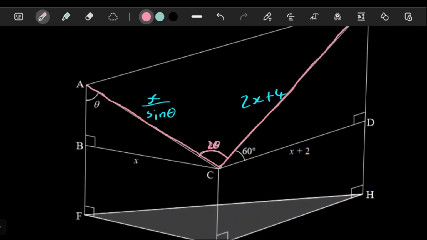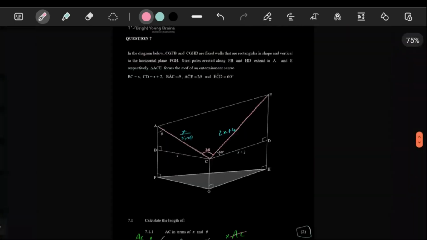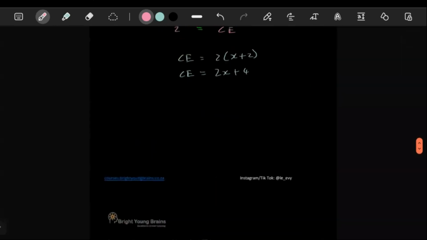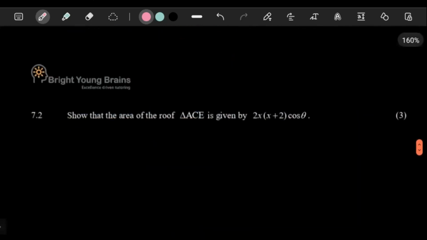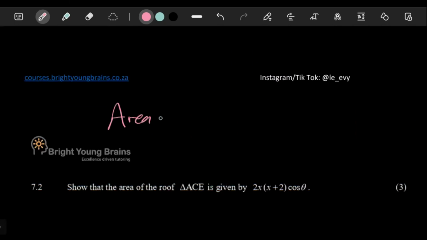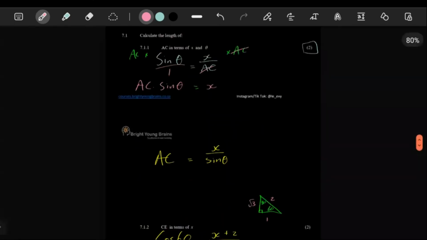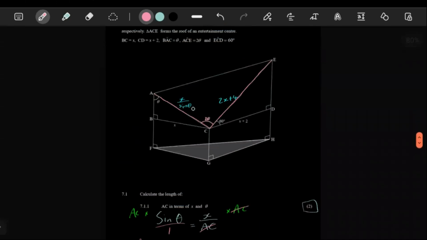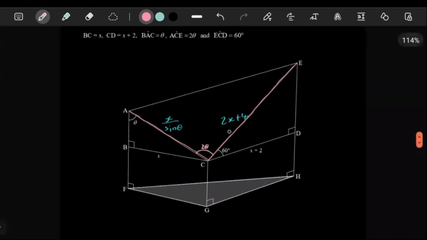As long as we have this, we know we can use the area rule, because the area rule basically states something like the area is equal to half times A times B times sine C. The A and the B represent these two sides here, and the angle is in the middle. And it has to be like this. It has to be an angle in the middle, and the sides are given. The opposite side, you don't necessarily need it. If you have it, it's still fine, but you don't need it.